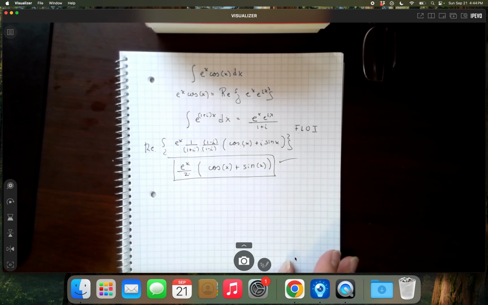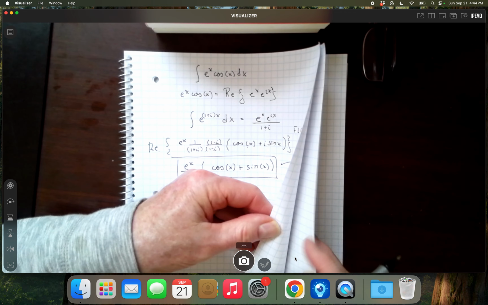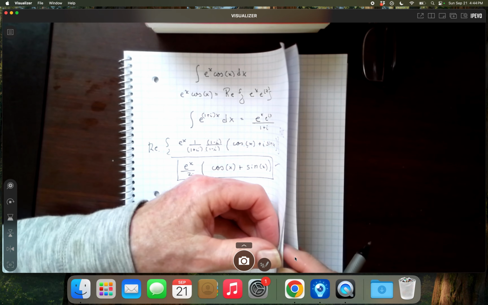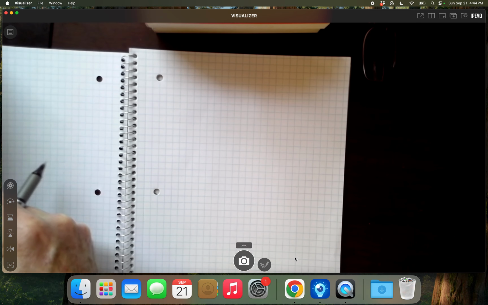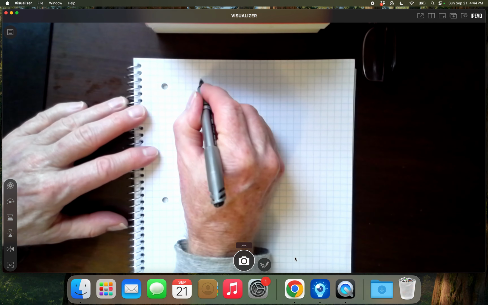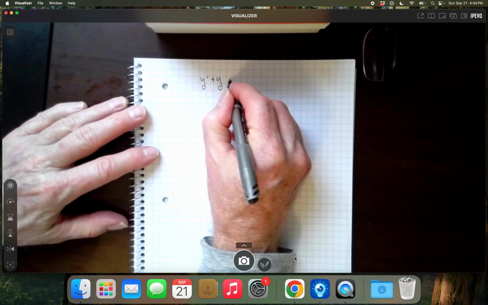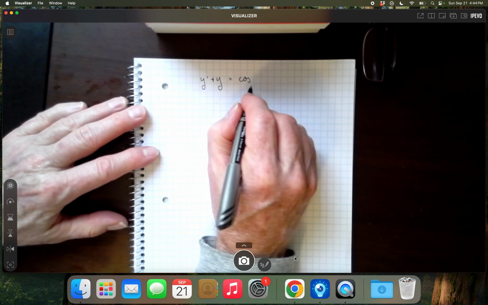Now, let's take a look at solving a first-order linear ODE. So we need to solve y prime plus y, and let the input be cosine, and we're not going to specify the frequency.